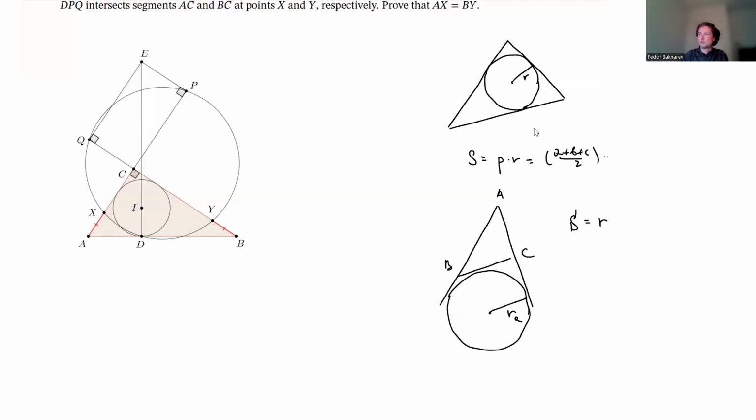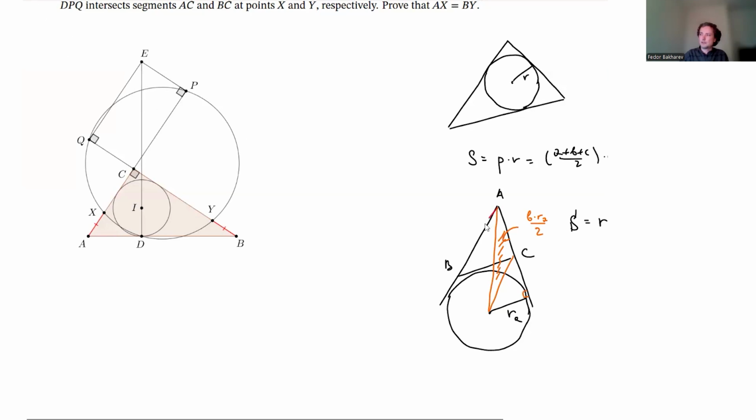So how can I prove this? It can be proved in the same way as usual. I could consider 3 triangles. This one has altitude equal to r_a and the base equal to AC, so this area is b times r_a over 2.